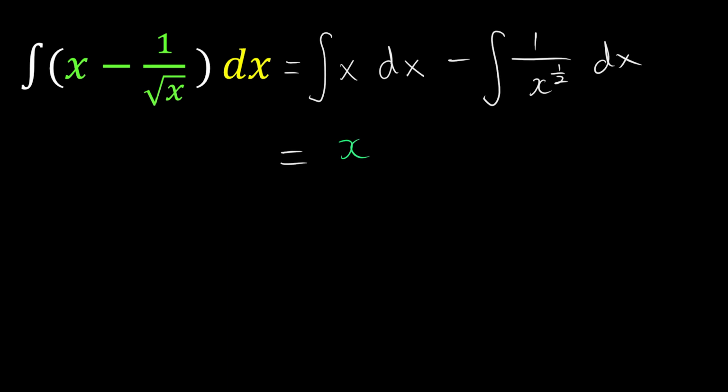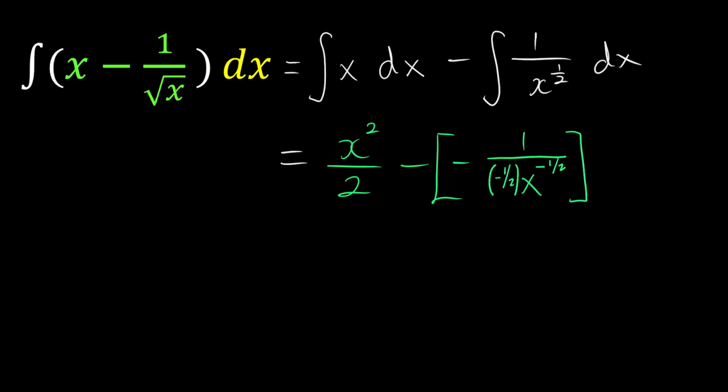X increases the power by 1 to become 2, divided by the new power. Minus, if we see 1 over something, if you see the previous video, we have a trick where we say that it's just negative 1 over x and the power reduced by 1. 1 over 2 minus 1 is negative 1 over 2, and this is going to be divided by negative 1 over 2 as well. You can check the previous video, and then plus c.